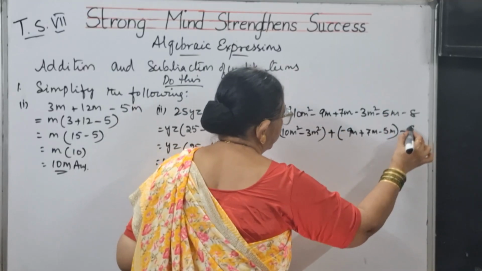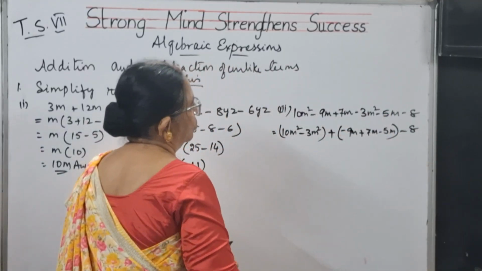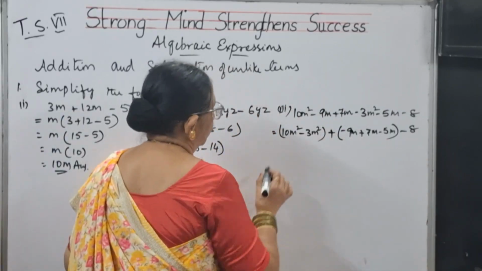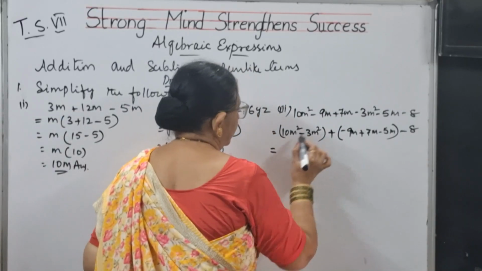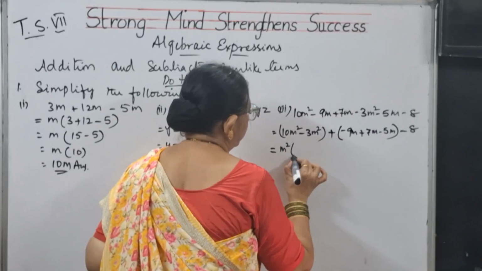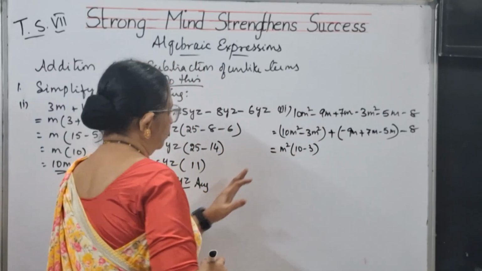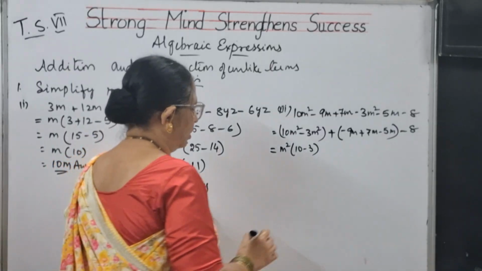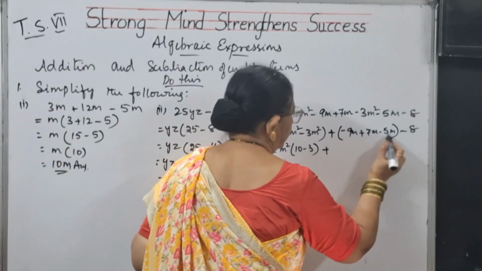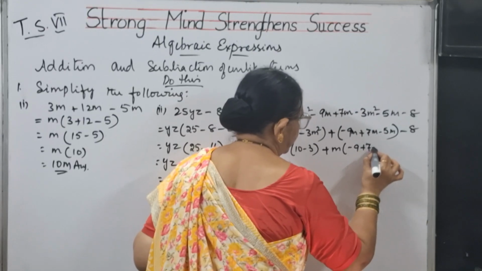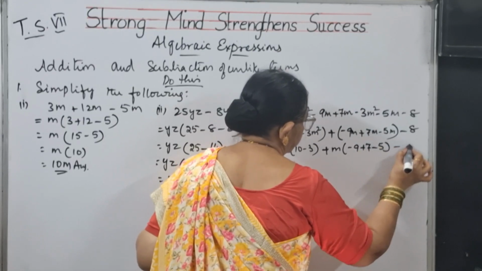Now what is left behind? Minus 8. So this is how you need to group like terms. When you group like terms, I will write m square into 10 minus 3, plus m into minus 9 plus 7 minus 5, minus 8.